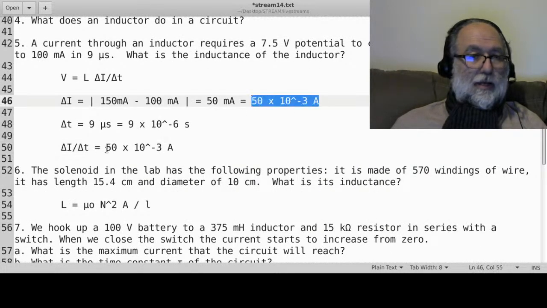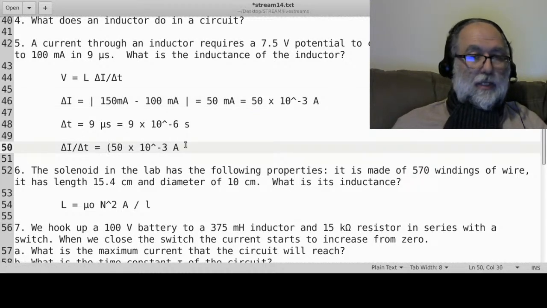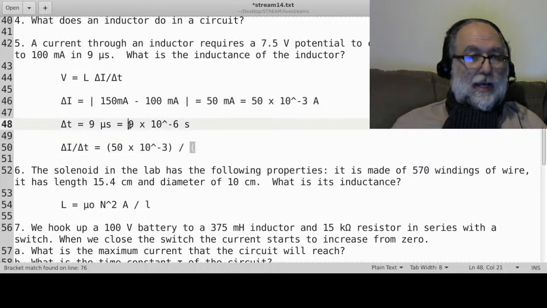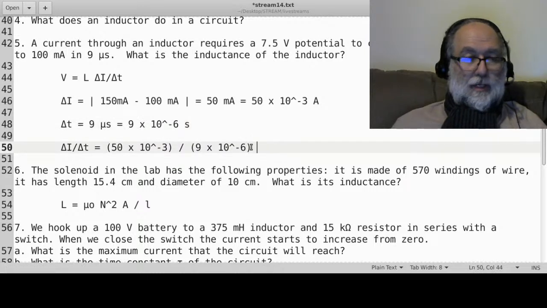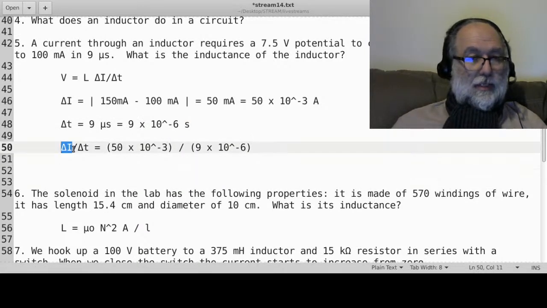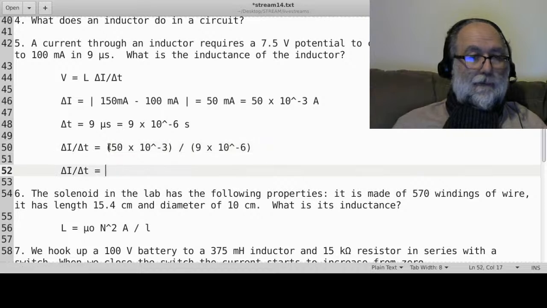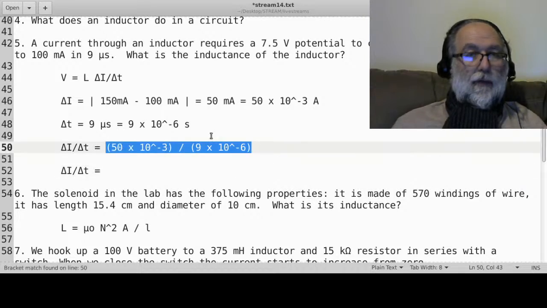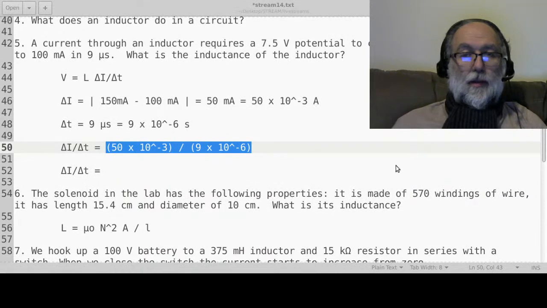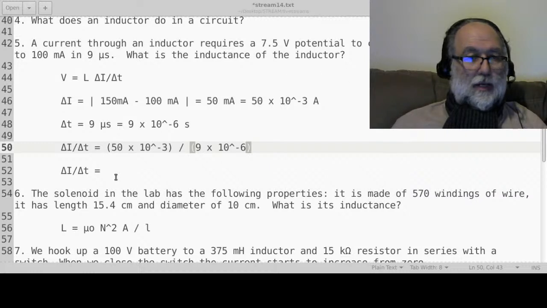So we have the change in current, 50 times 10 to the minus 3, divided by the time, 9 times 10 to the minus 6, and that's going to give us this number right here.